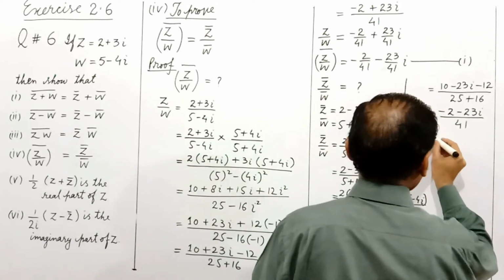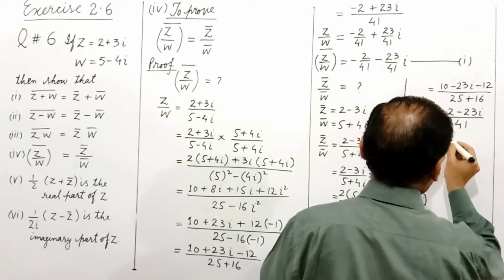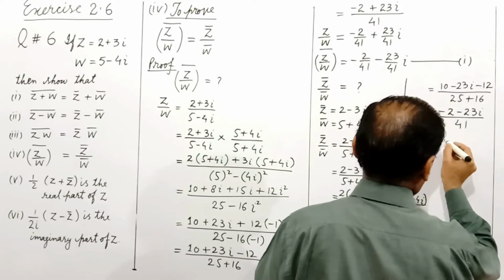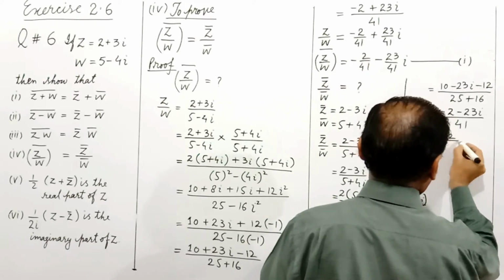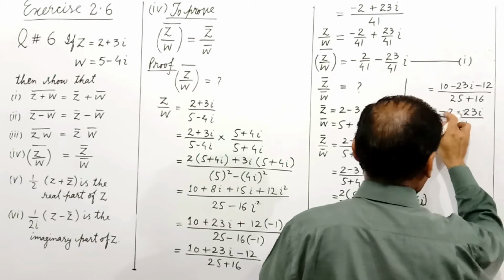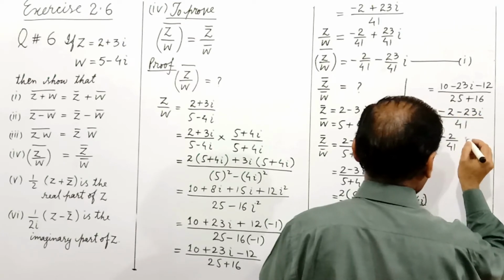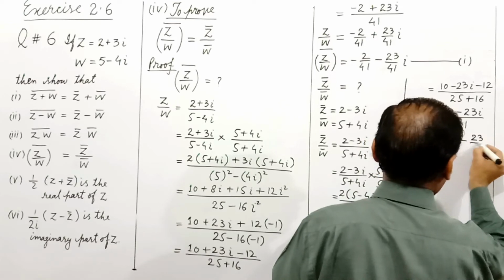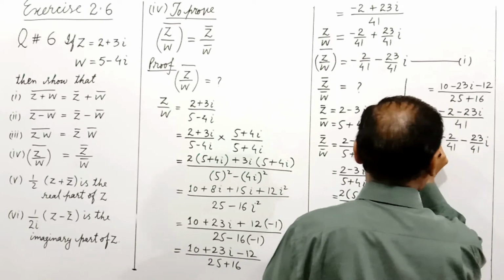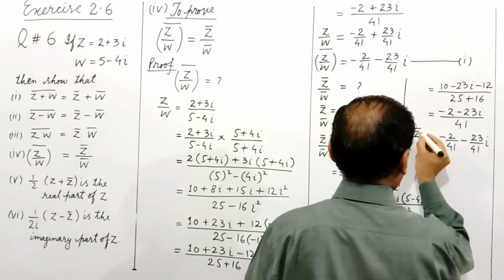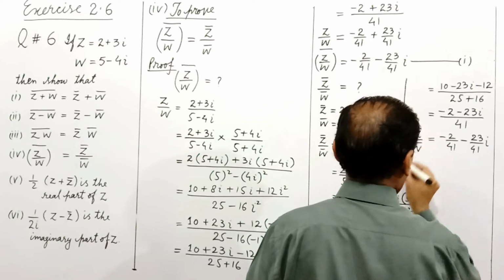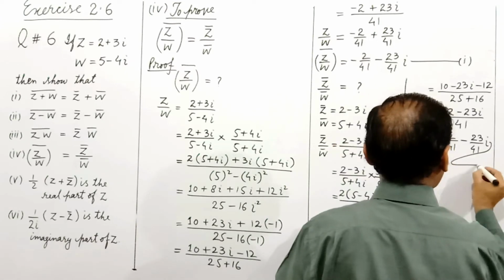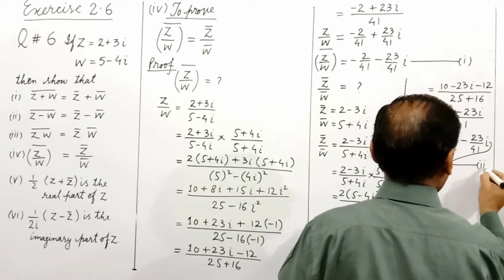And in the next step, we apply the inverse action of taking LCM. Minus 2 over 41, we write 41 along with both terms of the numerator: minus 2 over 41 minus 23 over 41 iota. And that is the final result of z bar over w bar. We name it as equation number 2.